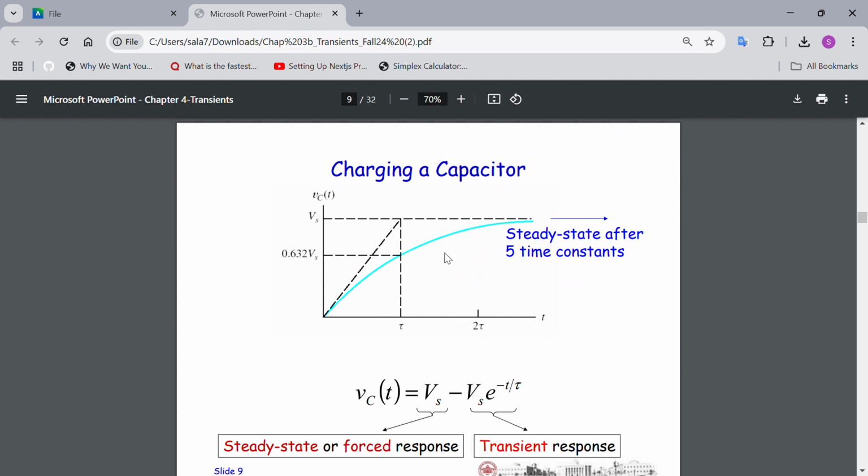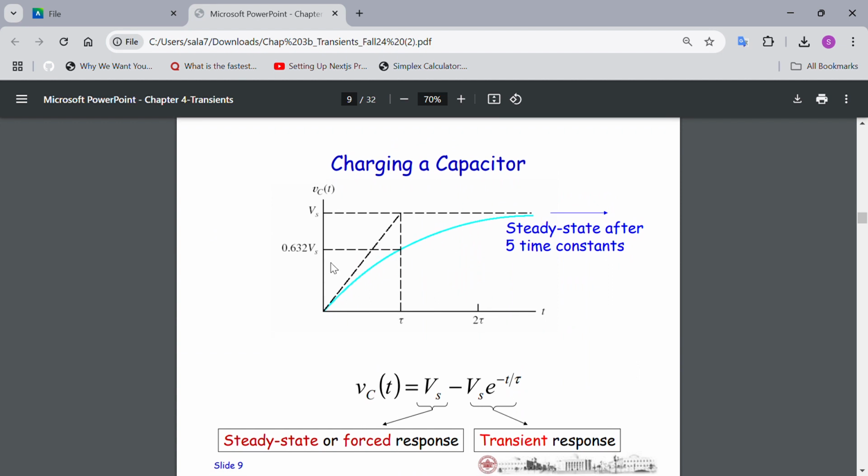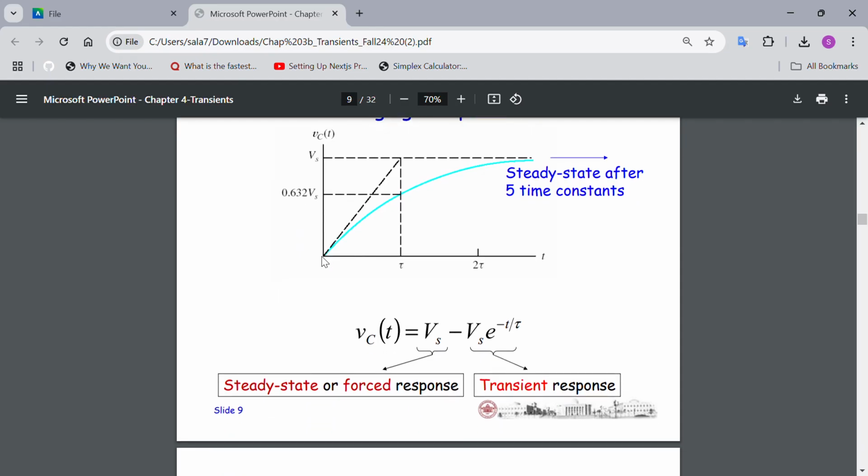After 1 time constant, the voltage is almost 0.632 Vs, which is 0.632 of the maximum voltage, the voltage of the source.